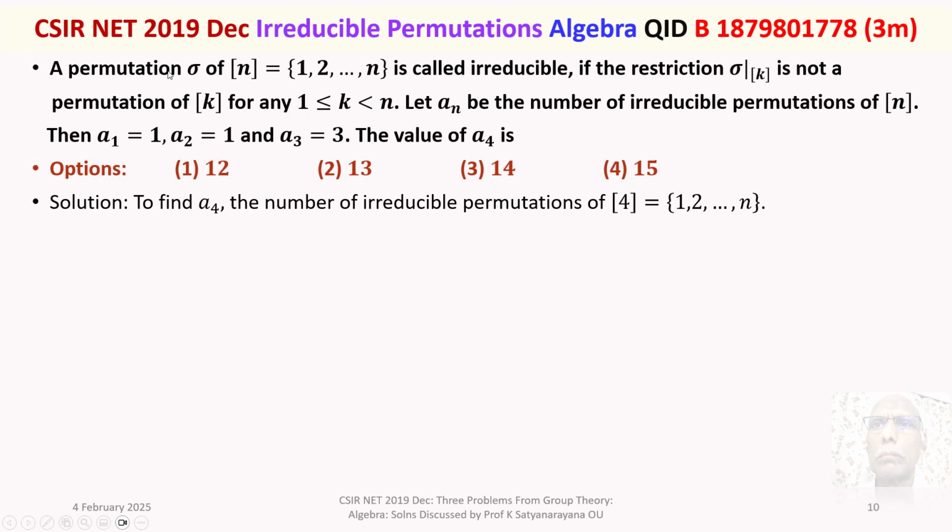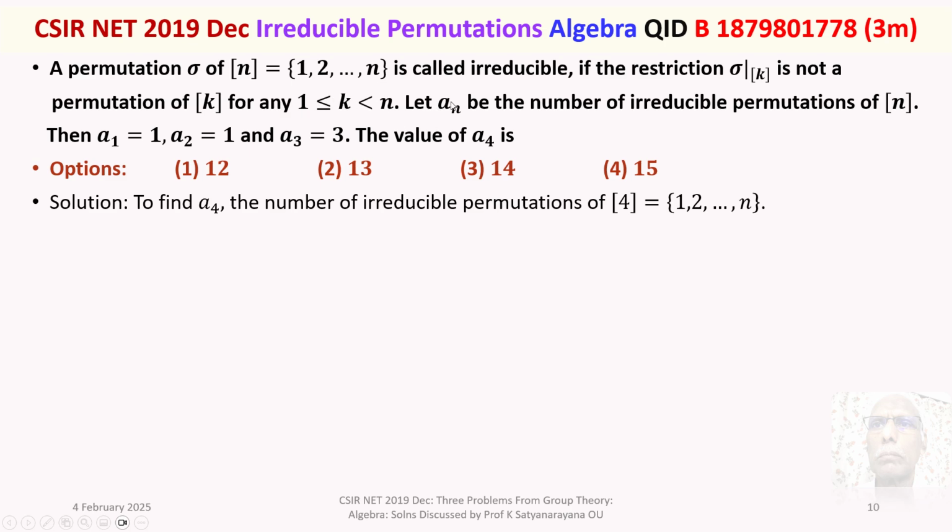A permutation sigma of [n], which always denotes the set consisting of 1 to n, is called irreducible if the restriction of sigma to [k], meaning the set consisting of 1, 2, 3 up to k, is not a permutation of [k] for any 1 less than or equal to k less than n.